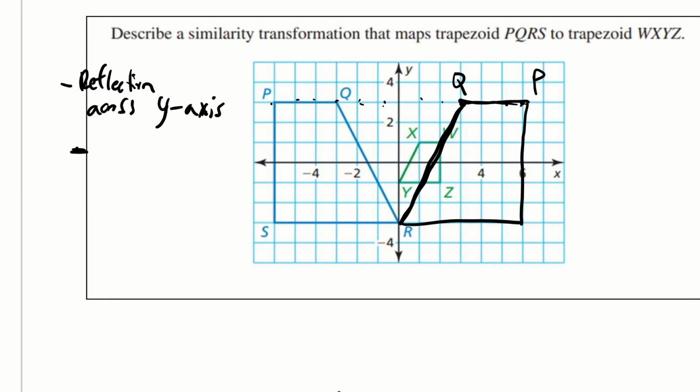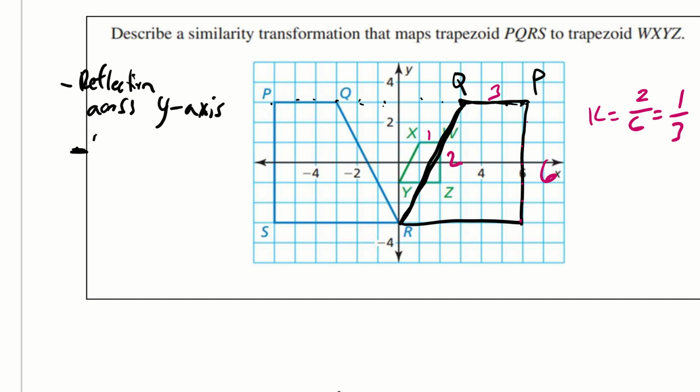Next we need to shrink it, right? We're going to do a reduction. How much do we need to reduce it? Well, if I look here, this is 2. And here, this is 1, 2, 3, 4, 5, 6. So this is going from 2 to 6. The same thing here, this is going from 1 to 3. So the scale factor K is 2 over 6, which is 1/3. Which means we need to shrink it by 1/3. We're going to divide it by 3, and that's going to shrink it so that it's 3 times smaller.